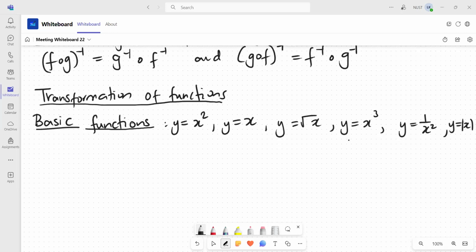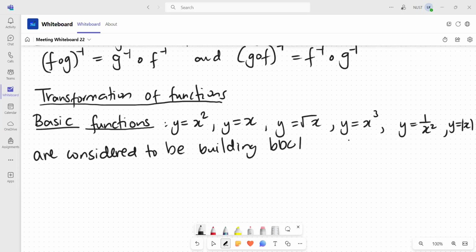These are considered to be the building blocks of many other functions.